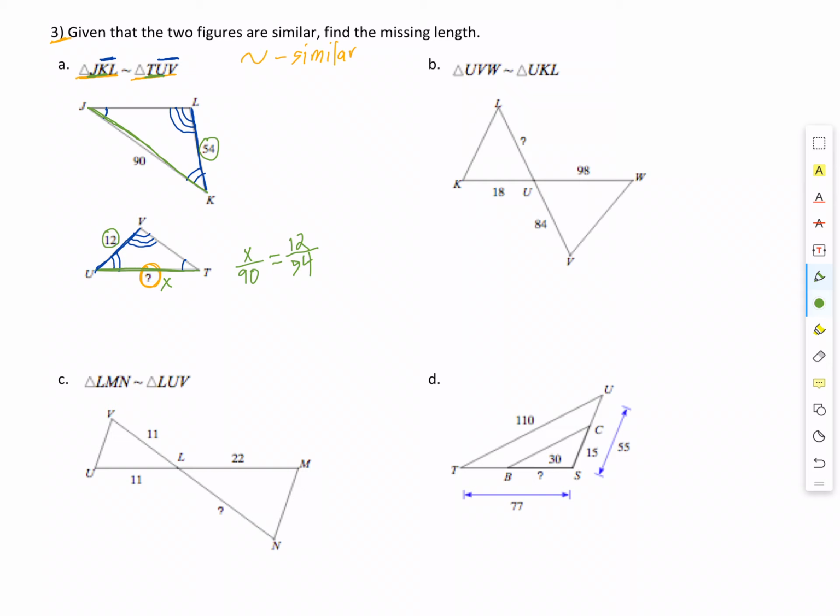Now again, we've got to use our proportions to be able to solve this, and so we're going to use cross multiplication. So we'll do 12 times 90, x times 54. That one's a little easier than the 12 times 90. That one will just be 54x, and that's equal to 12 times 90, which is 1080.